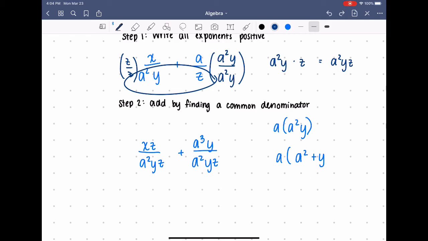But because there's no plus sign in between, I can just add another y onto that a, so it becomes a cubed y. And now that we have the same denominator, we just put it all together. So we have xz plus a cubed y all over my new common denominator, a squared y z. And that is my final answer.